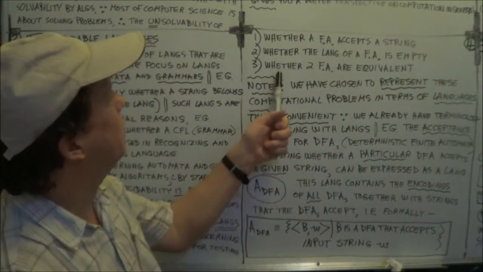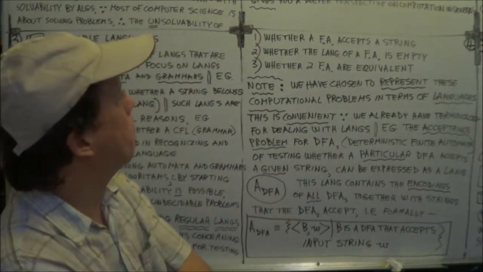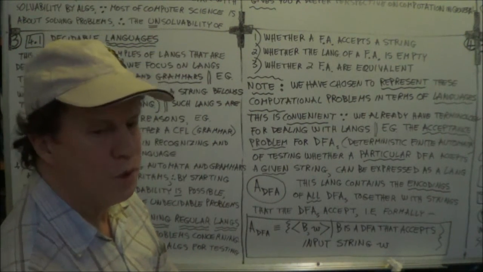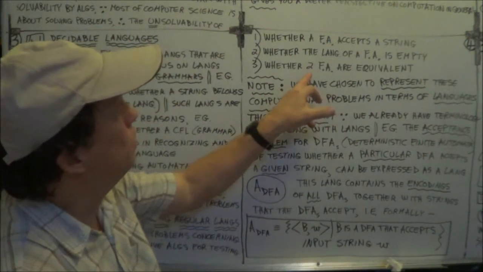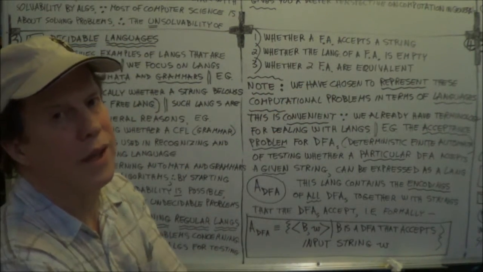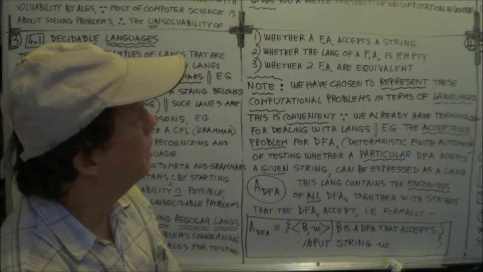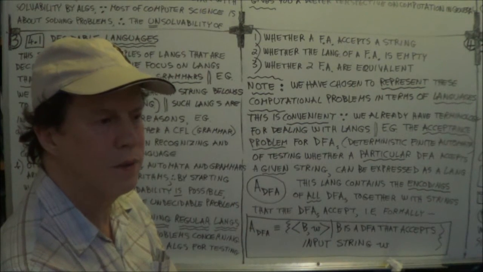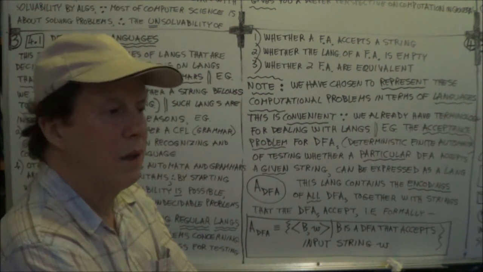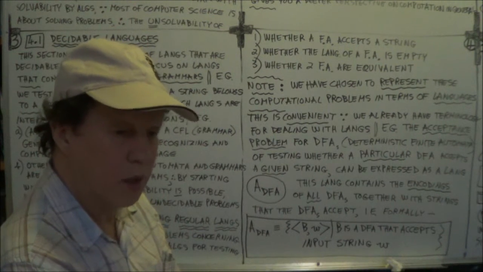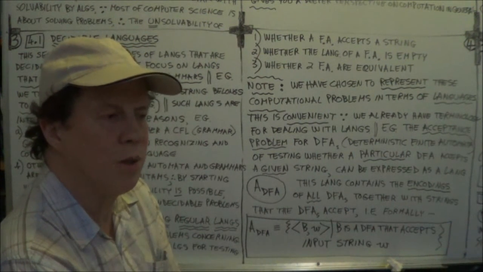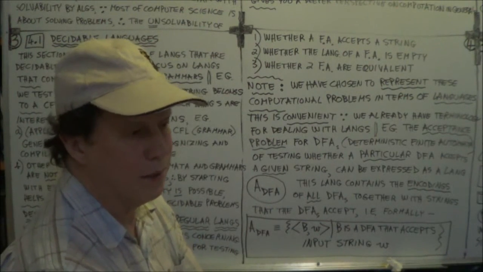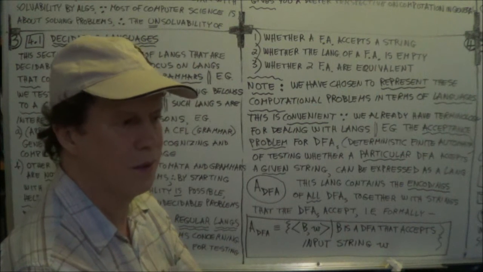Right. Okay, and the third category of problem is you're given any two finite automata, say A and B, and you're asked, are they equivalent? Now, two machines, if they're equivalent, there's a bit of revision. What does that mean? It means that the two of them recognize the same language. In other words, they do the same job. They're equivalent in that sense. They perform the same task, and their task is recognizing a language.